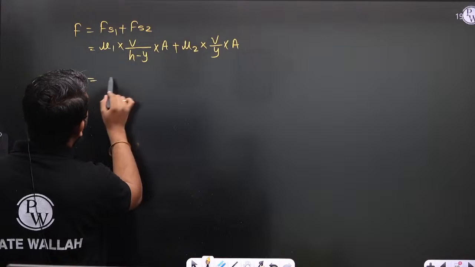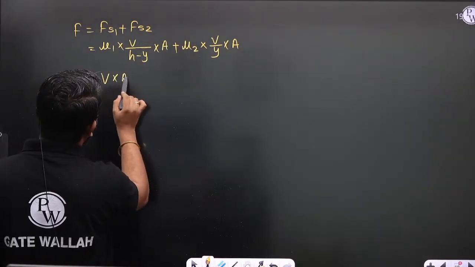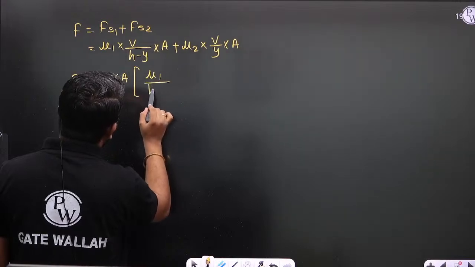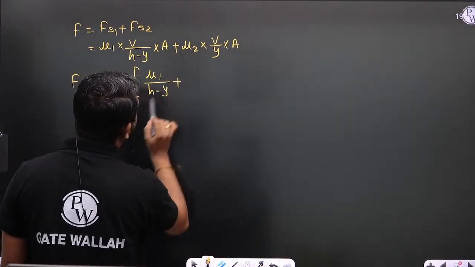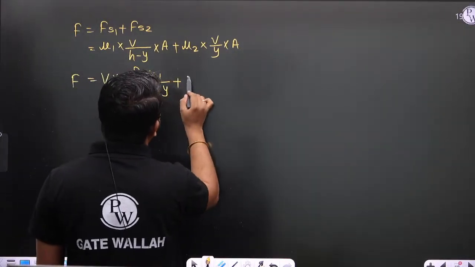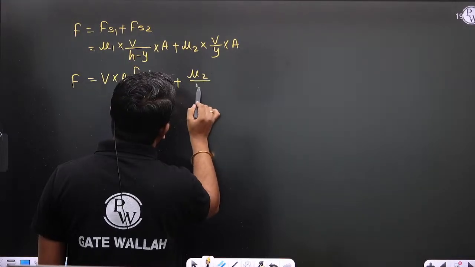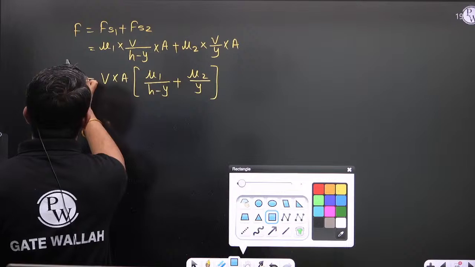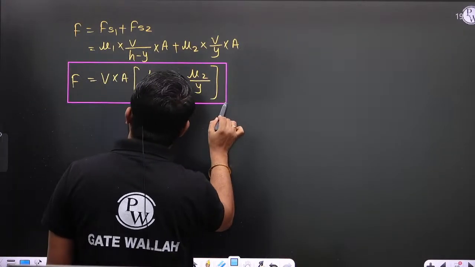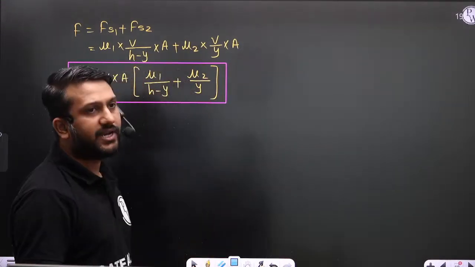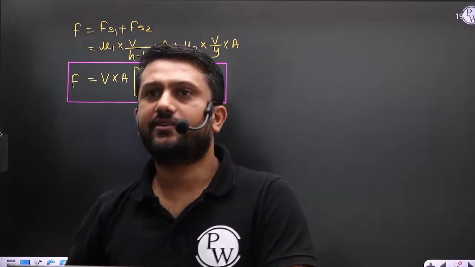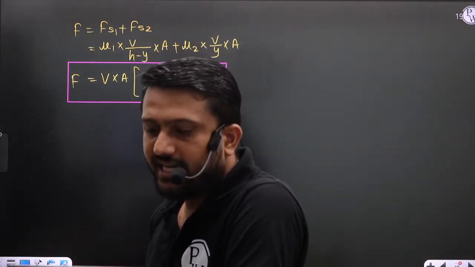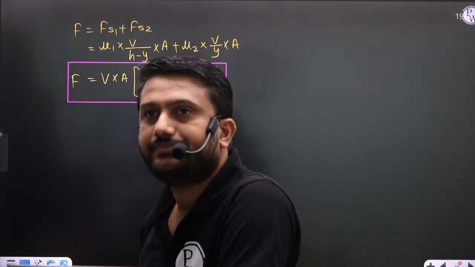We can take v and A as common, so we can write mu 1 upon h minus y plus mu 2 upon y. So this is the total force F which is required to pull the thin plate with constant velocity v.